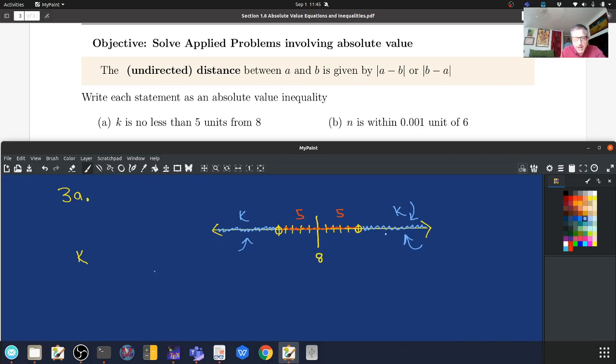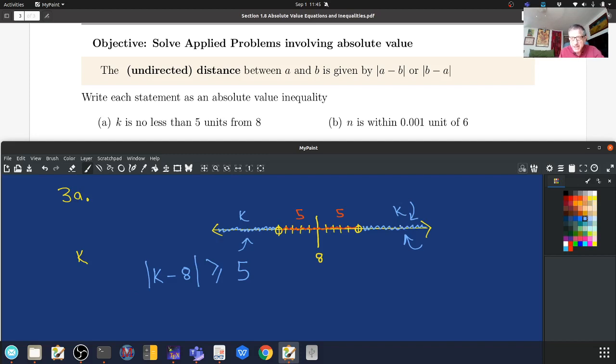So that means k, if I subtract k minus 8, in absolute value, it's going to be greater than or equal to 5. That was the whole reason I wrote this out visually.